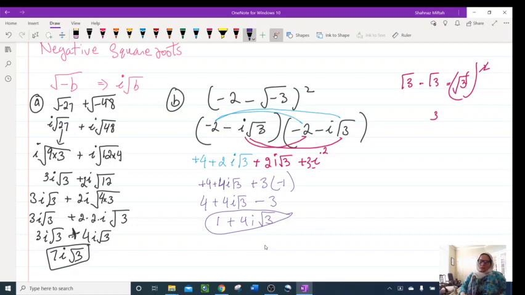If I'm not wrong, I think that was plus 3i, then these two are negatives. Why are they negative? Negative 2 times negative 2 is going to give me positive 4. And I have negative times negative is going to give me positive.